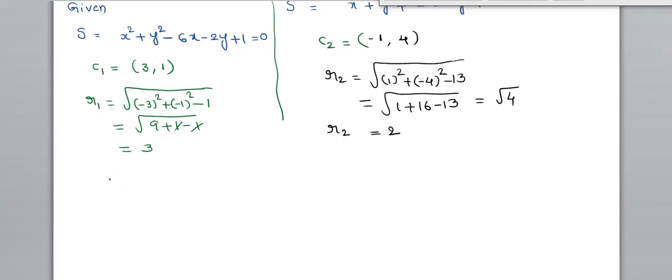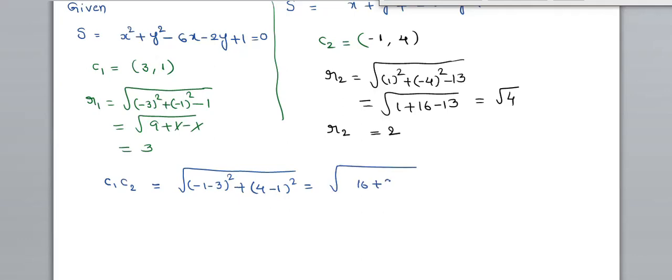So what is observed? Distance C1 C2 is the square root of (x2 minus x1) whole square plus (y2 minus y1) whole square: (minus 1 minus 3) whole square plus (4 minus 1) whole square, 4 square 16, 3 square 9, root 25, value 5. R1 plus R2 value is also 3 plus 2. Already explained this type of problem.